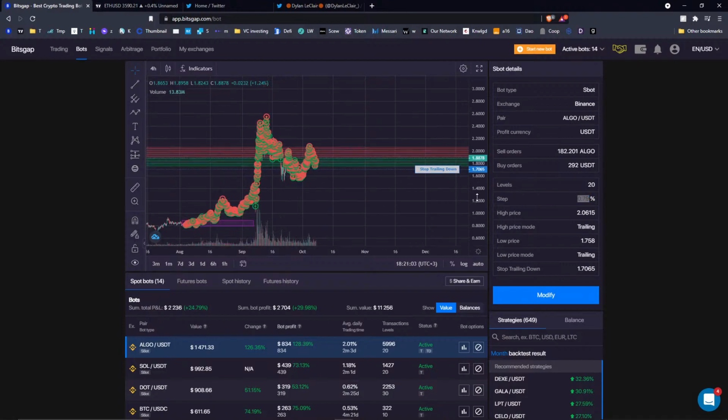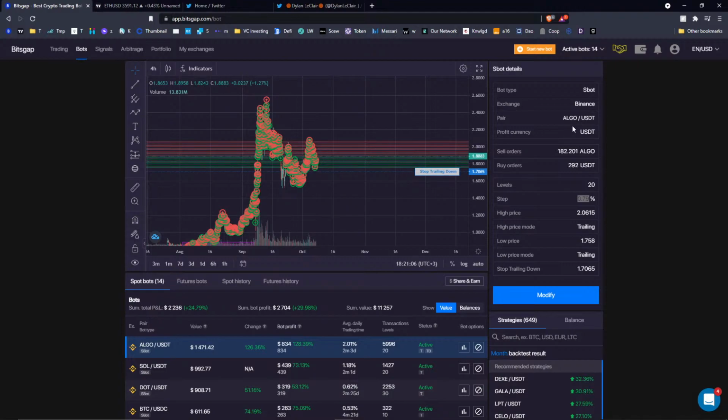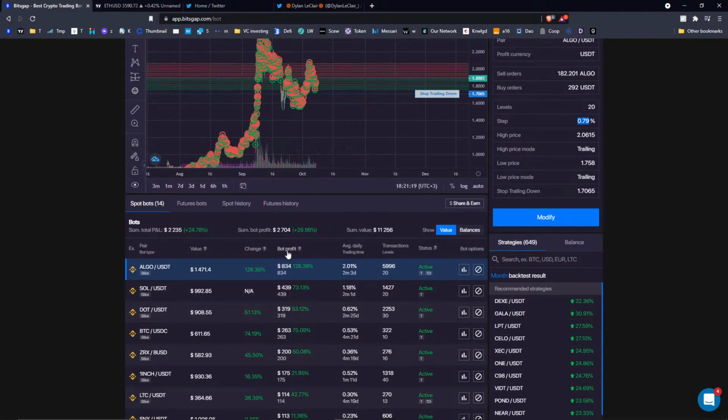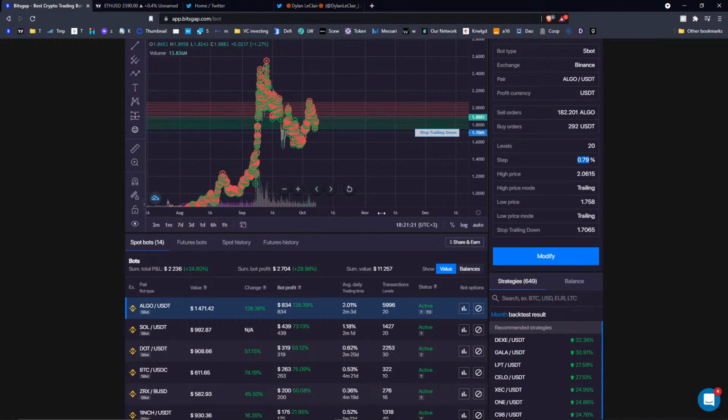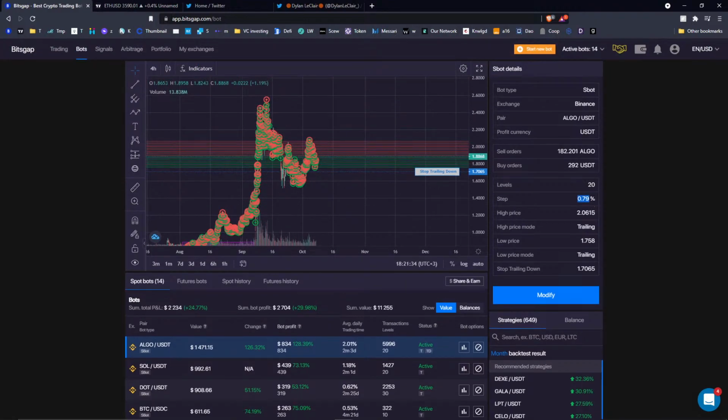So for Algo, I found that 0.679% of a grid step is, in my case, the ultimate solution, and it has proven to be successful. It's around 60 something % per month, which is a very impressive result, like 2% daily. So I'm satisfied with this outcome, 2% per day with this configuration.